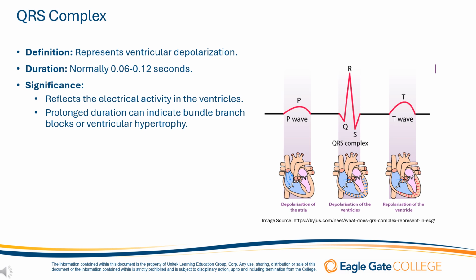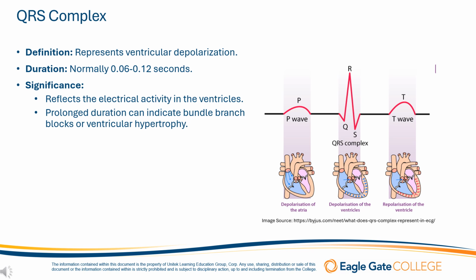A right bundle branch block is similar to a left bundle branch block, and it also results in a prolonged QRS duration. The delay occurs in the right bundle branch, causing the right ventricle to depolarize later than the left ventricle. Both conditions can be identified by characteristic changes in the QRS complex and are associated with underlying heart disease or structural abnormalities.